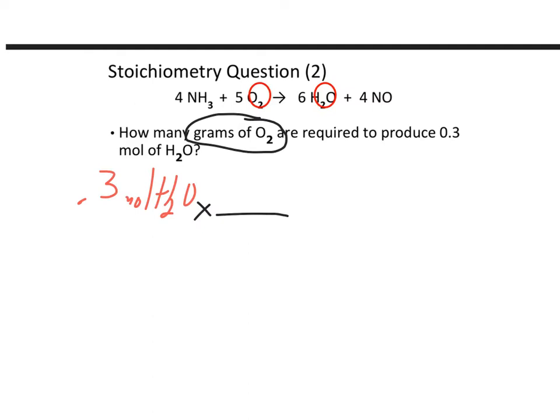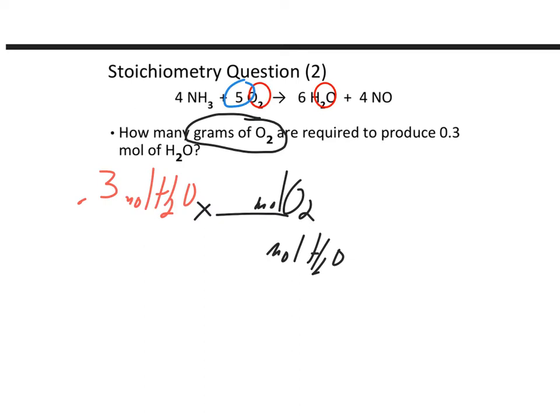So how can I find my moles? Moles of what goes on the bottom? Of the H2O. And then moles of the O2 go on top. Very good. Where do I get these numbers? The coefficient.